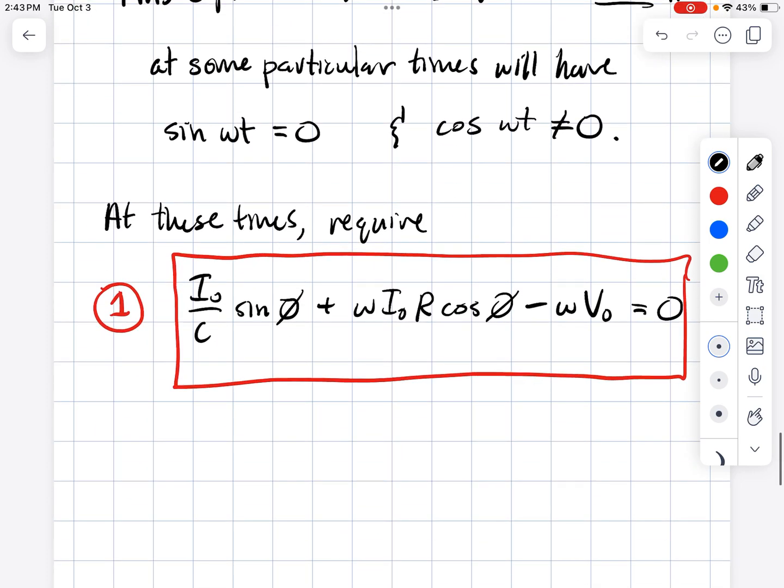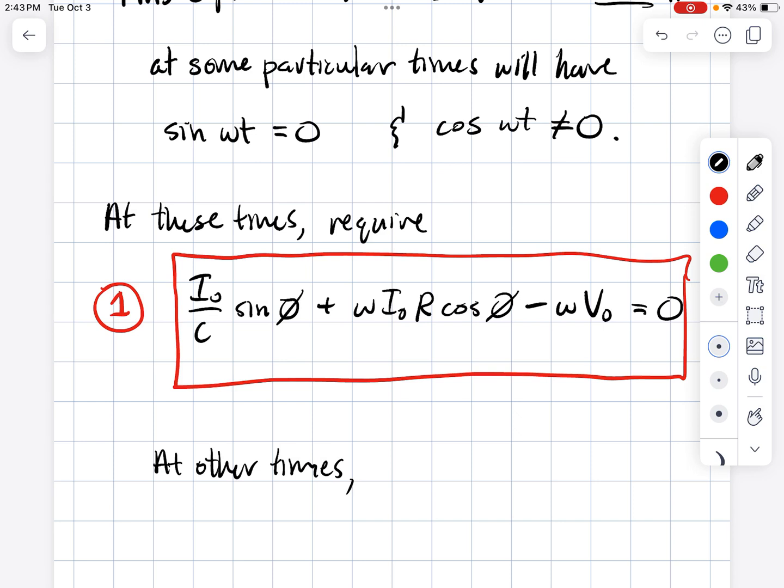So what we can do is continue with this kind of logic, and we could say, well, at other times, because it's not just one time, there are other times, what we're going to have is the opposite case.